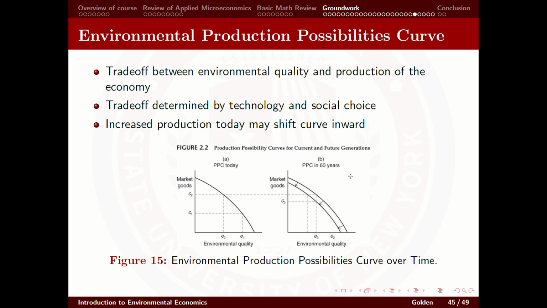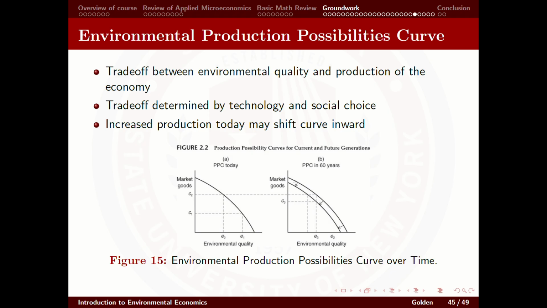If you shift the curve outward, that means that you become more efficient. Right now, we're shifting the curve inward because we're creating an environment that has fewer resources and is less well-suited to production. So this is what I mean when I say that we're leaving the world worse for our grandchildren. Right now we have a choice between market goods and environmental quality that looks like this.